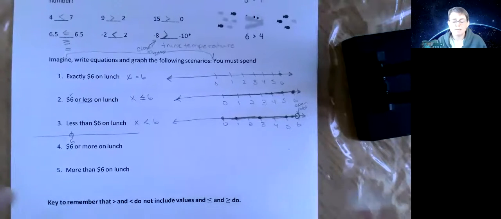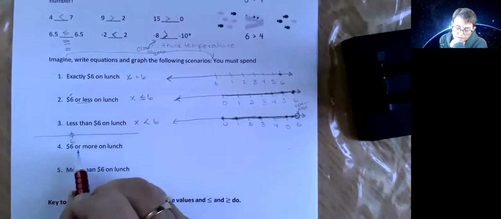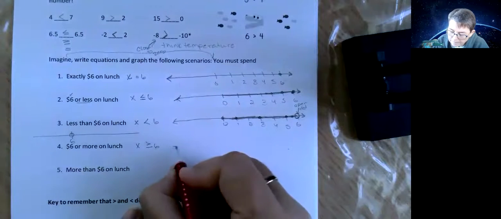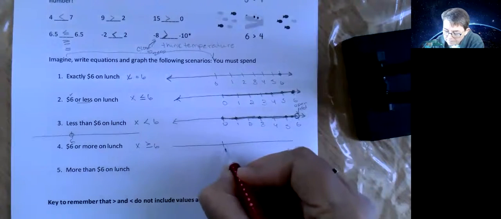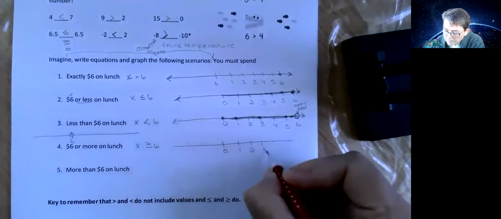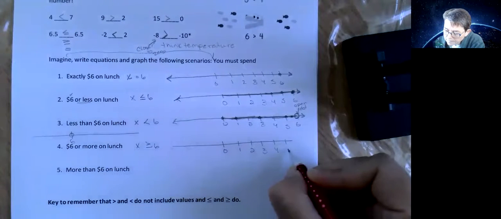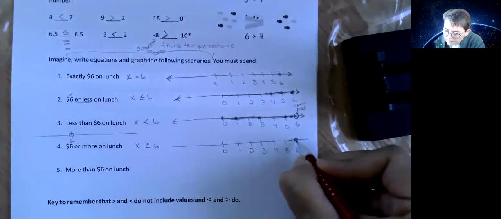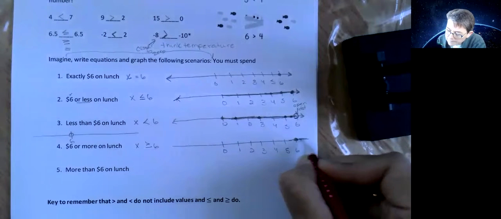All right, how about you pause the camera and do these last two? All right, I'm going to trust that you did. $6 or more for lunch, so X is greater than or equal to 6. So 6 is good or more.